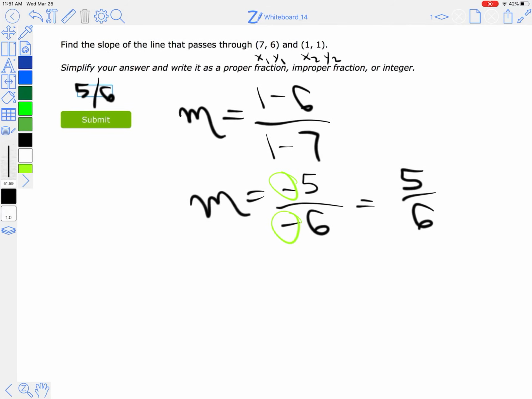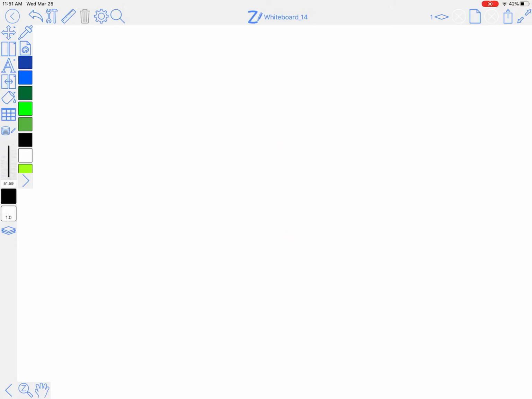And just to remind you of a couple of things, if I write down a couple of different fractions, if I said maybe 6 over 2, make sure you simplify that. Don't write 6 over 2 and put that in for an answer, because it'll probably tell you it's wrong. Simplify that, and 6 divided by 2 should be 3, and that's the answer you should put in for your slope.